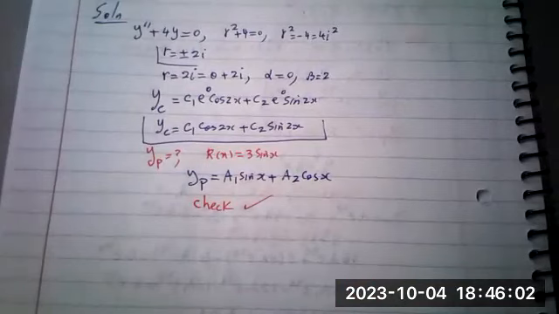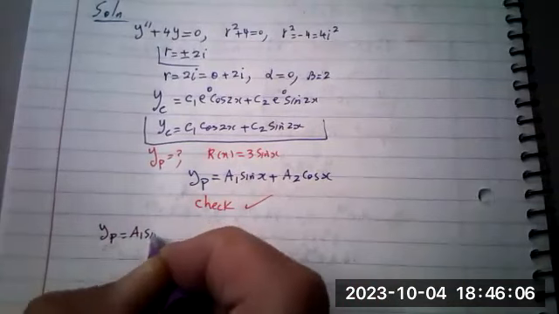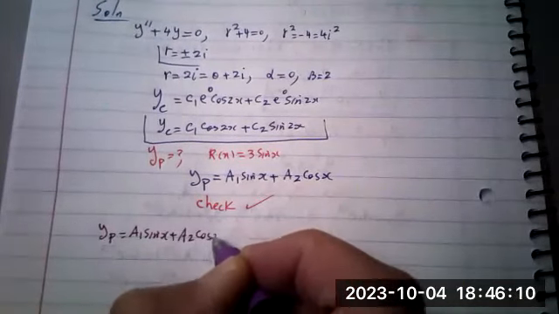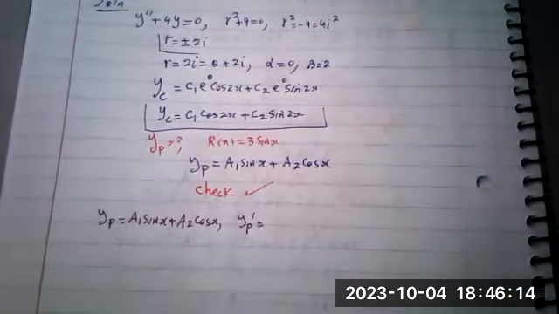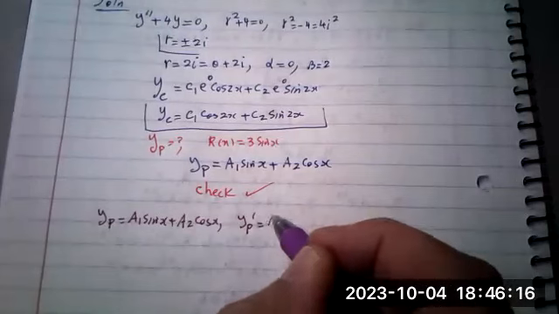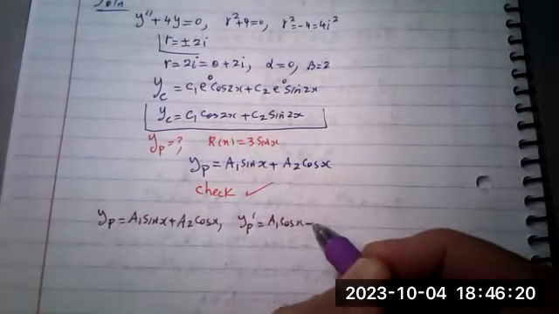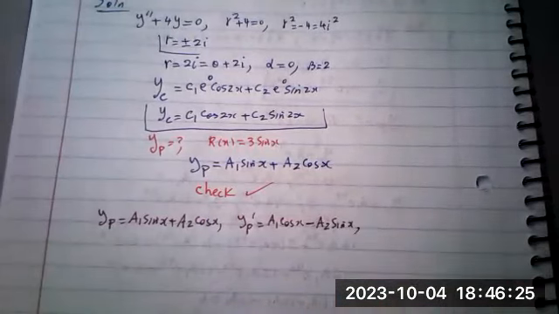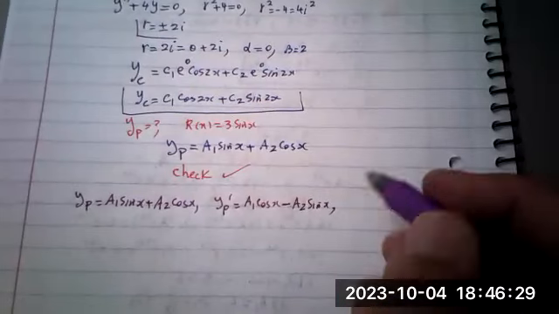Okay, so this is it. The yp is A1 sine plus A2 cosine, differentiated. Derivative of sine is cosine, so that gives us A1 cosine. The derivative of cosine is negative sine, so negative A2 sine. You have to do it again, because we need y double prime.